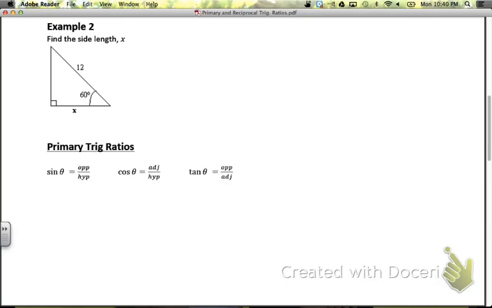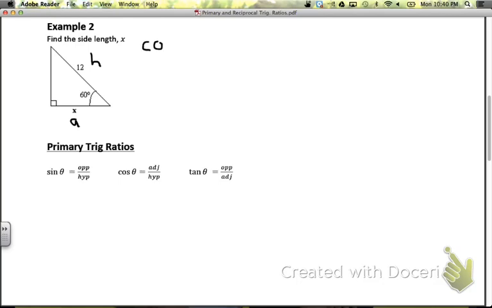So now in example 2, we want to find the side length of x. So this should be review from yesterday's lesson, so if you could pause the video and then come on back and we will discuss it. So, looking at this question here, since we are working with our 60 degrees, we know therefore that x would be our adjacent and 12 would be our hypotenuse.